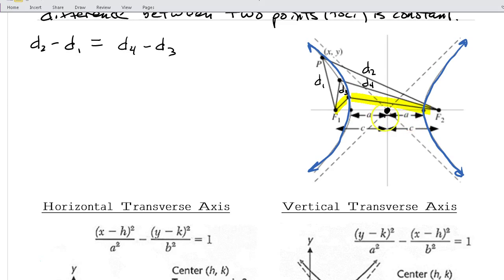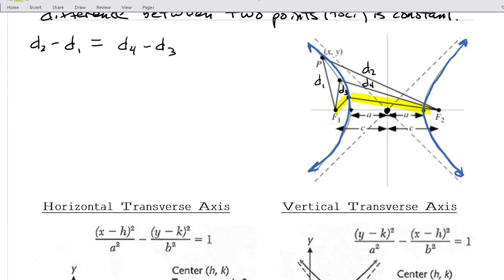And then notice again we have this distance A from the center. So from the center to the vertex, this is a vertex over here. And then from the center to the vertex over here, that's the value A as well. And then again, notice the value C here, that's from the center to a focus on the right, and from the center to a focus on the left.